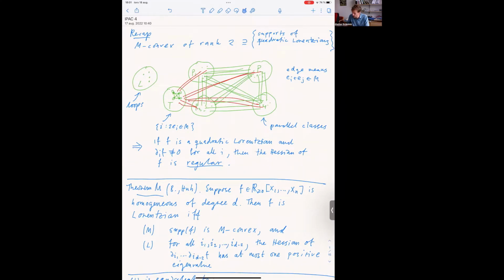So we looked at the M-convex sets, and they are particularly nice when the rank is 2.